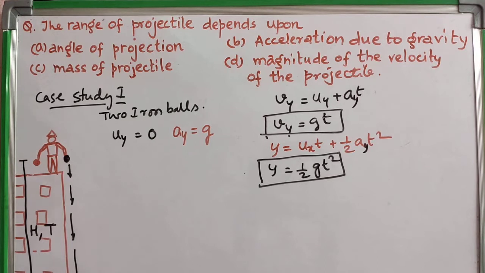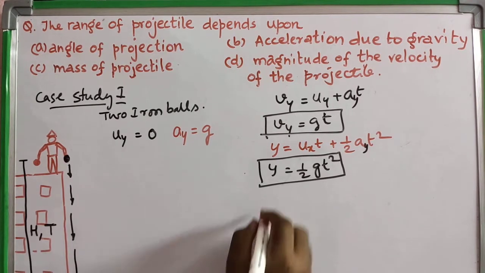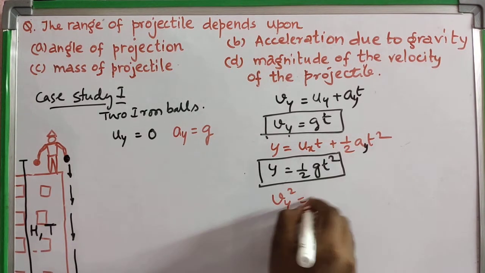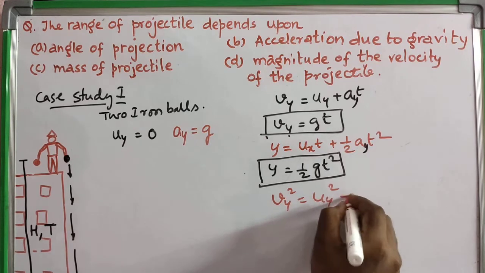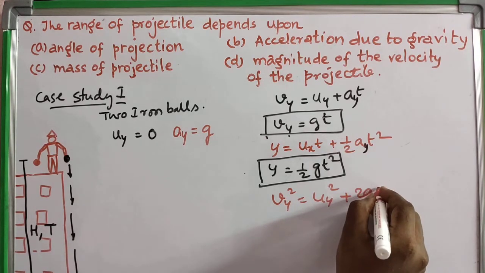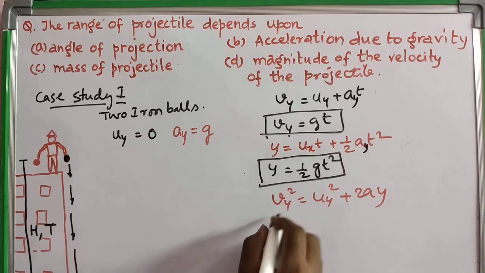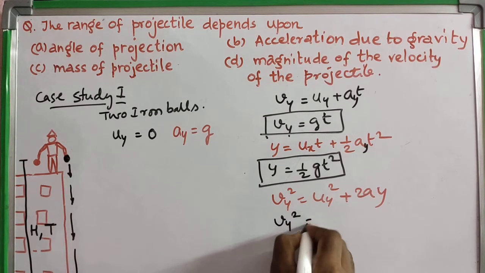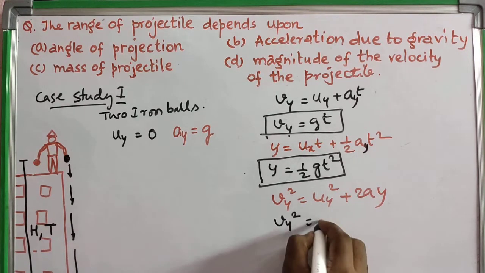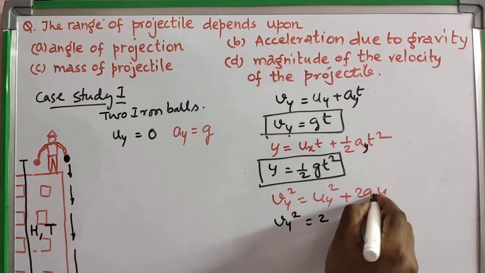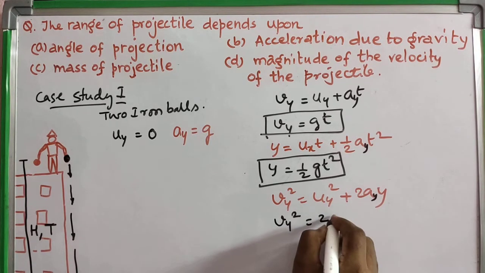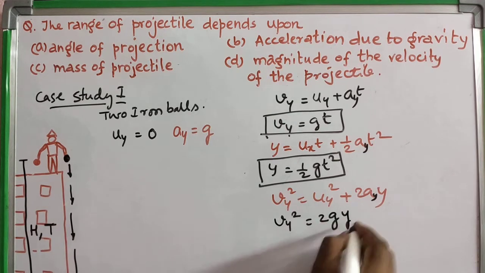Next, what is the other equation? Vy square is equal to uy square plus 2ay, correct? So here also in this condition, Vy square equals uy is 0, 0 square 0, plus 2a, a is g, so 2gy.